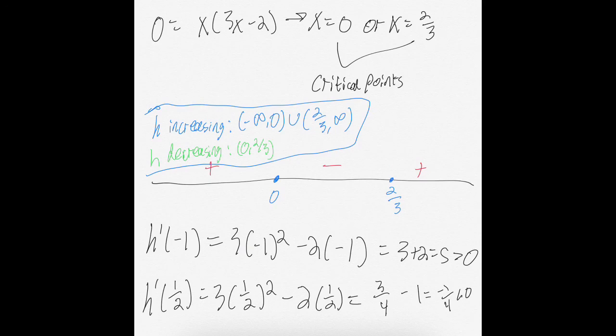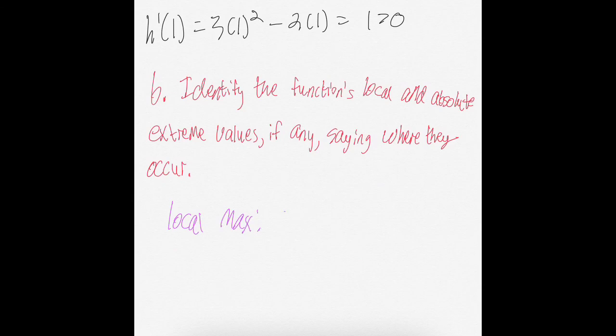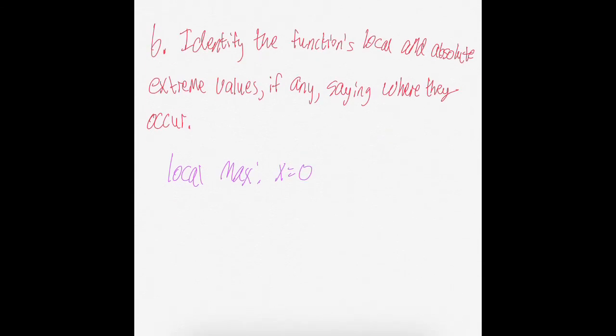So let's first look for local maxes. So if we look at our number line, again, a local max is going to be where the derivative is positive and then it becomes negative. It looks like the only possibility there is going to be 0, right?